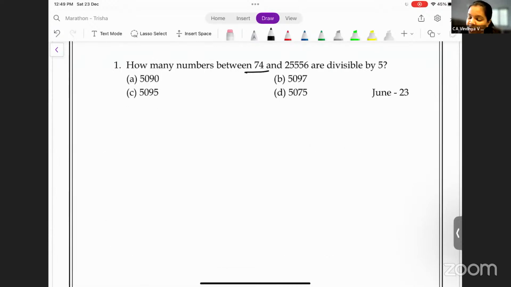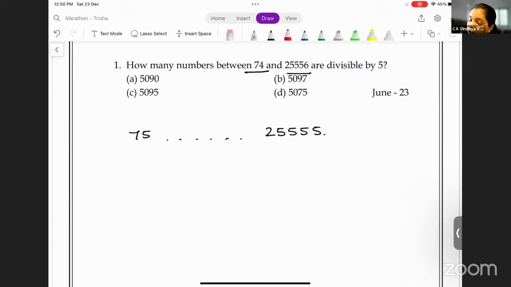When the word between is used, these two numbers are to be excluded, which means you will start with 75 and end at 25,555. I hope this is clear till here. Why? Because the word between is used. Similarly, if from was used, 74 and the last number would have been considered.